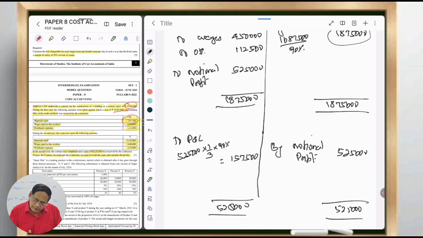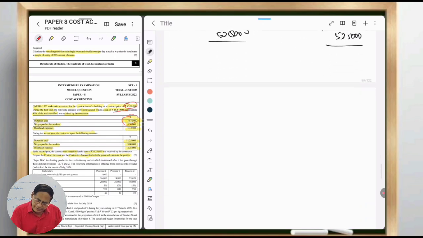So it is the work in process reserve, WIP reserve. How much? 3,67,500. It will be considered as an opening balance of the next year. So please make note of it.